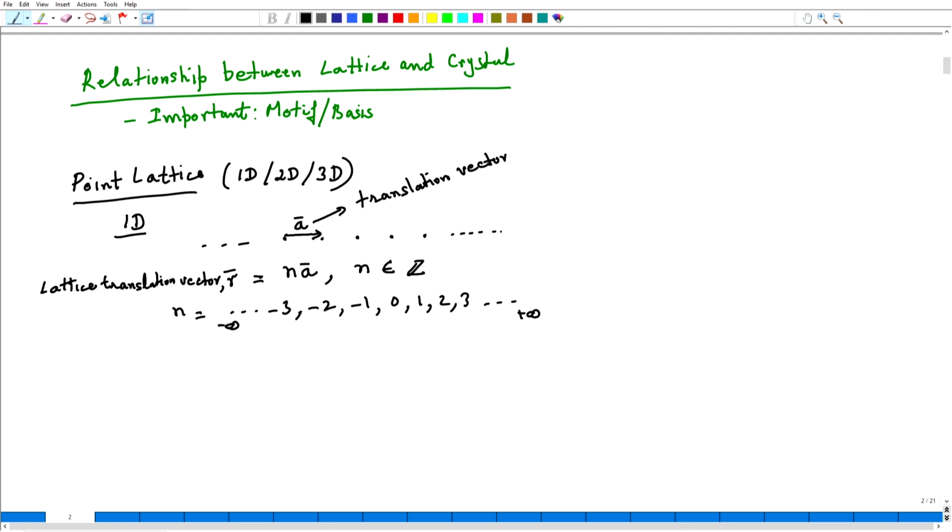Another definition of a lattice, which is often written in books, is that each lattice point has an identical environment in the same direction.